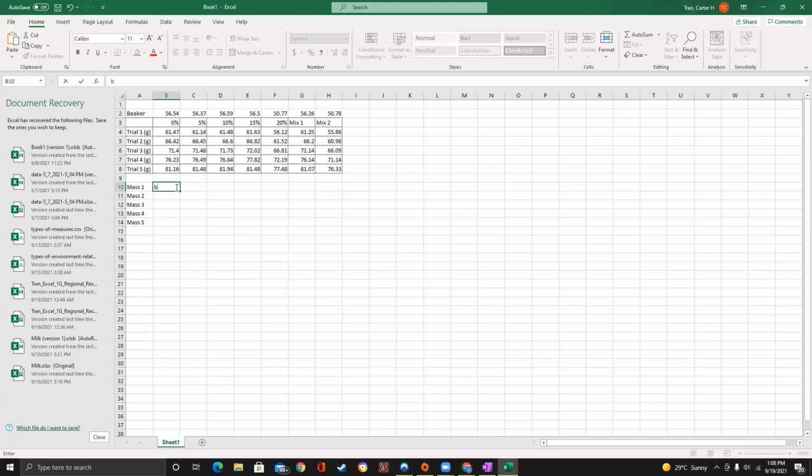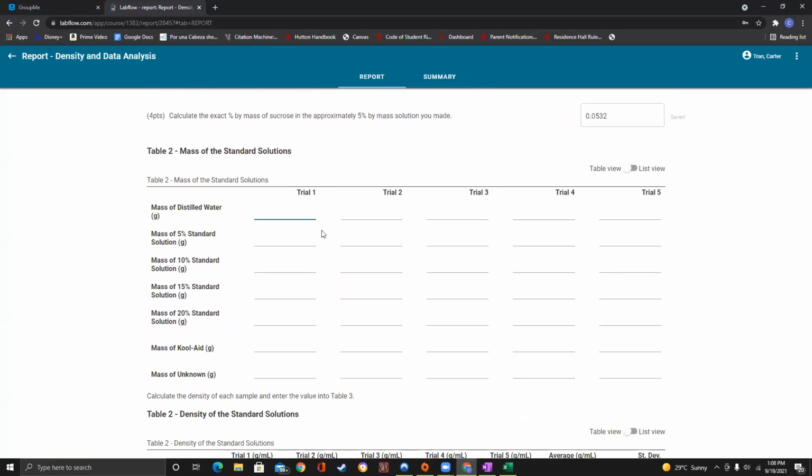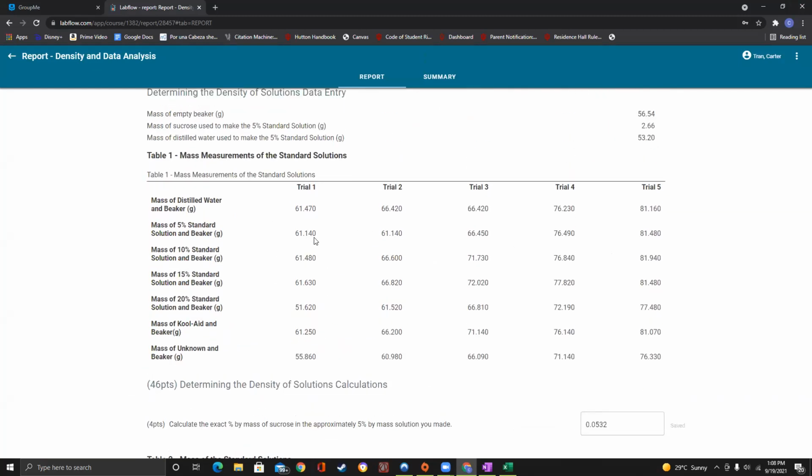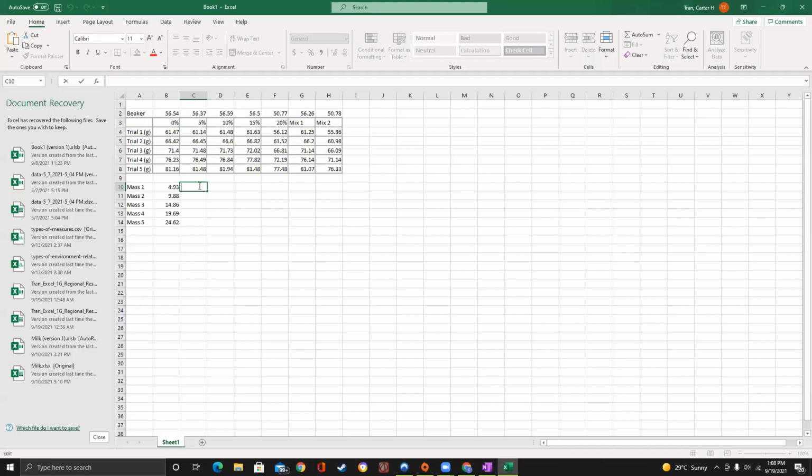Or we can do B equals B4 minus B2, press F4 to set it absolute, and drag this down. Same thing here. C equals C4 minus C2.